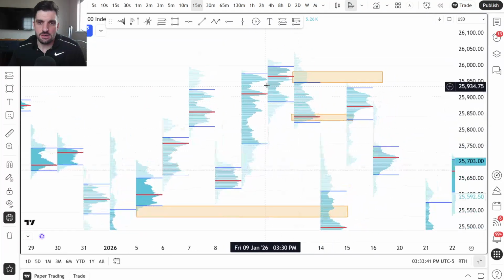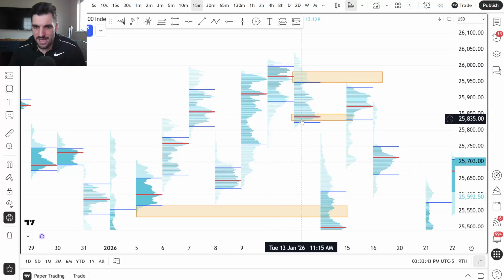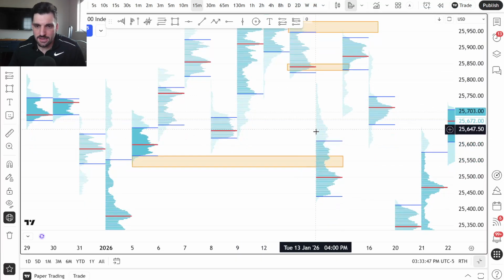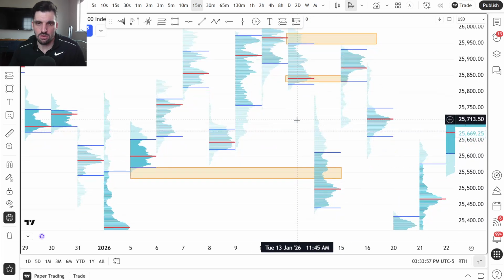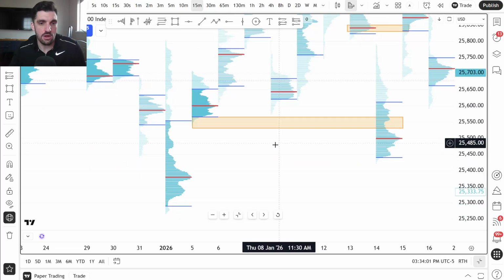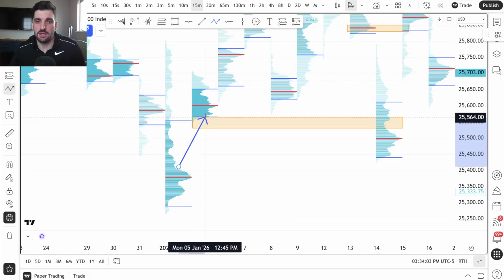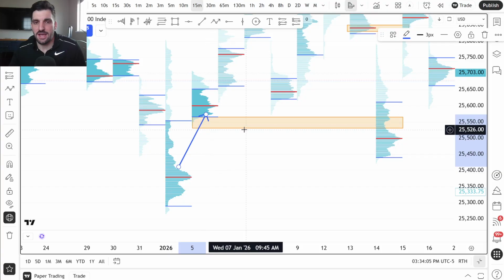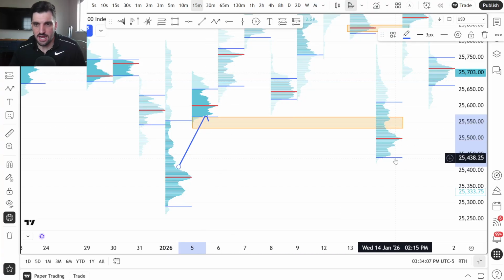So what we see here is that there was the first shift down in value, and then on the subsequent day, the sellers take control, all right? The sellers take control. So now the bias should not be long anymore. We should be looking to short this market because where there was a shift up in value was not defended by the buyers anymore, all right?